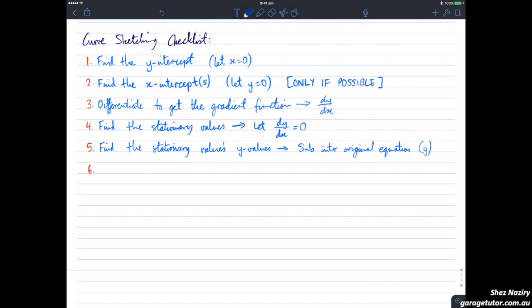Next step. So we've done that. Here, this is the key step, the new thing you learned yesterday, guys. Use the box method to determine the nature of your stationary values.